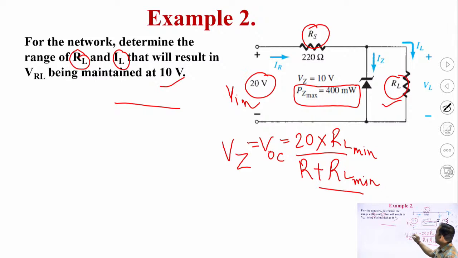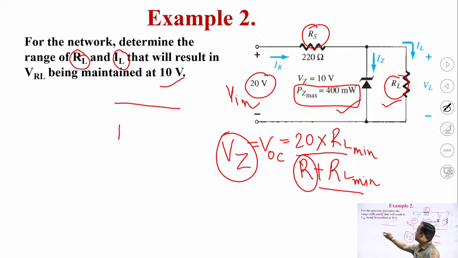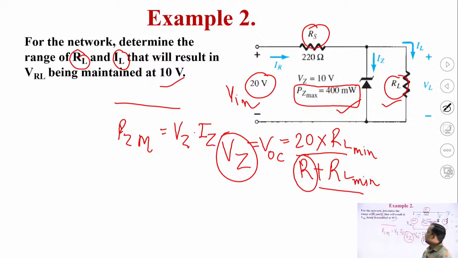Vz is given, and R is also given, so we can obtain the minimum value of load resistance. Also, how can we utilize this Pz max? Pz max equals Vz multiplied by Iz. With this relationship, we can calculate the value of Iz max, which we will utilize when calculating the maximum value of load resistance.